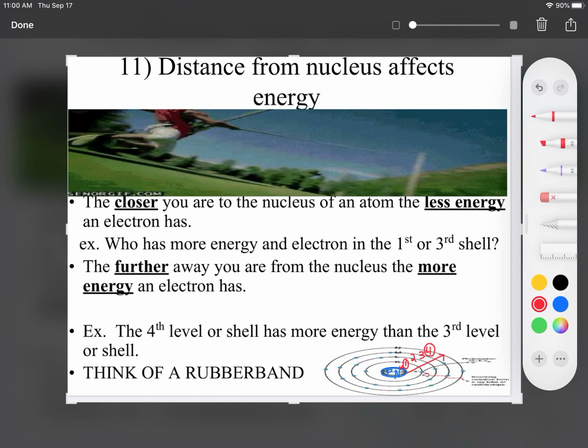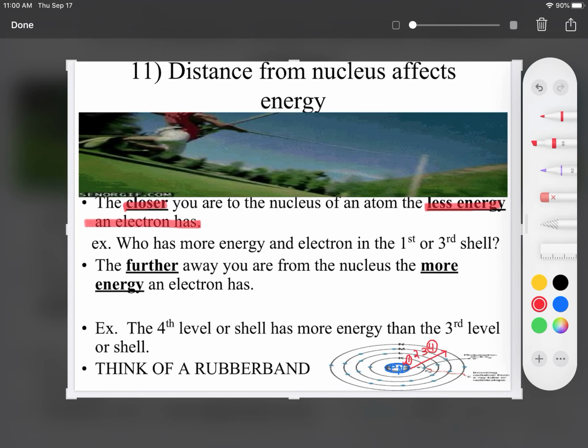So this brings us to what we're going to learn now. Distance from the nucleus affects the energy. We said the closer you are to the nucleus of an atom, the less energy an electron has. Makes sense. So who has more energy, an electron in the first or the third shell? Well, the further away you are from the nucleus, the more energy you have.